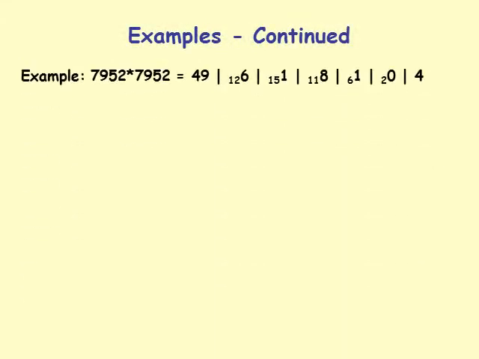Let's do some more examples here. Example is 7952 times 7952. That's the square of 7952. Okay. Now start doing the duplexes. The duplex of 7 on the leftmost is 49. Then the duplex of two digits, 79: 7 times 9 is 63, times 2 is 126.